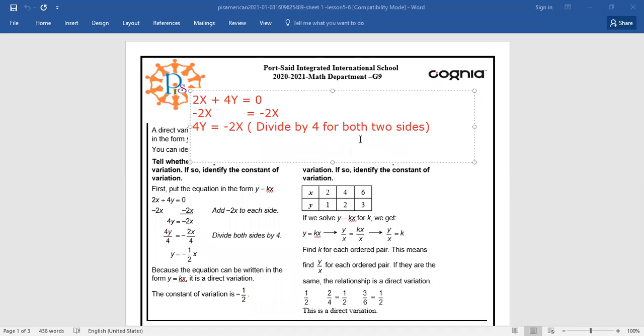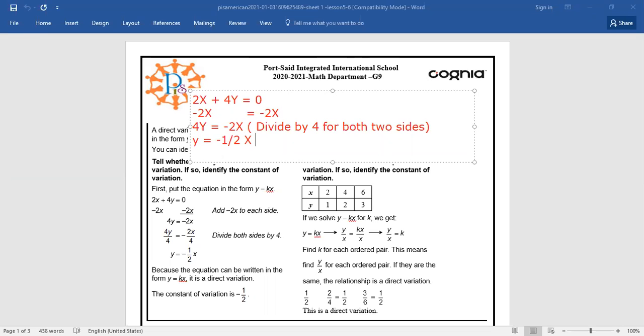Then y equals how many? Negative 2 over 4, so the answer will be negative half x.